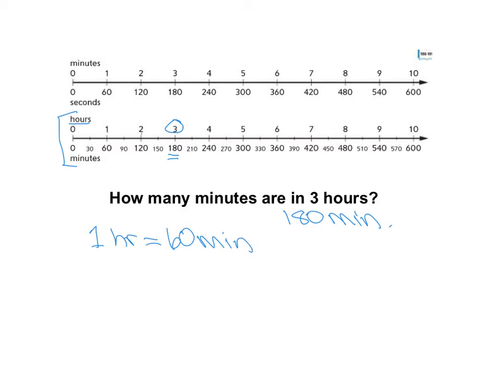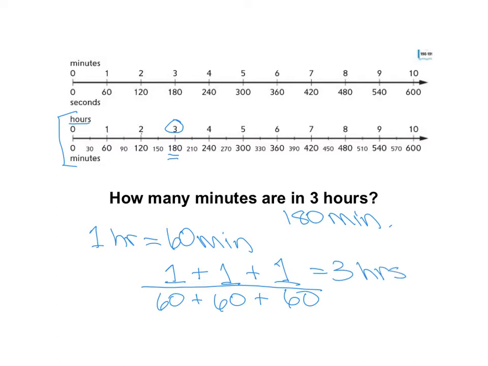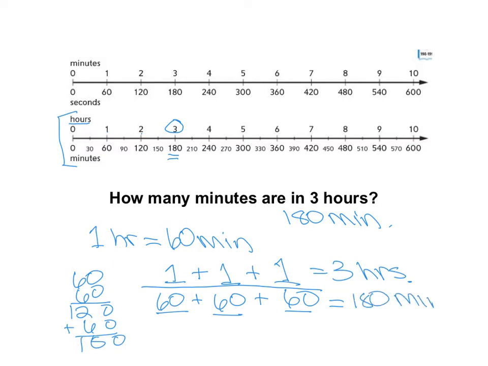So then if I know that there are 3 hours, and each one of those is worth 60 minutes, I could add each of those together. So just like 1 hour plus 1 hour plus 1 hour equals 3 hours, I could add 60 plus 60 plus 60, and that equals, well, I know 60 plus 60 is 120, plus another 60 would be 180, and now we're talking minutes.